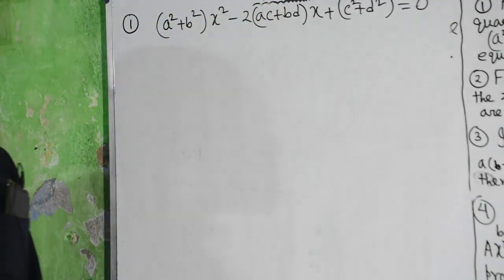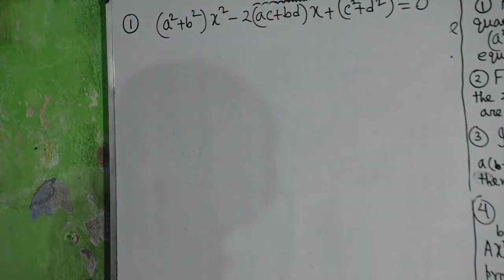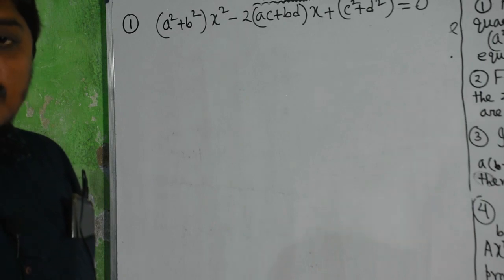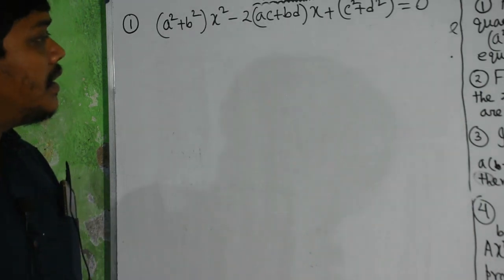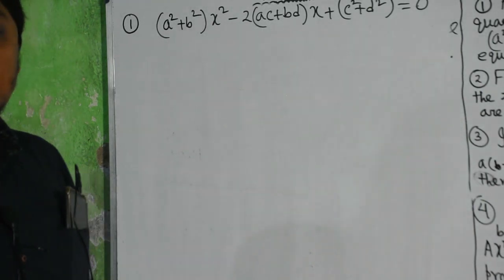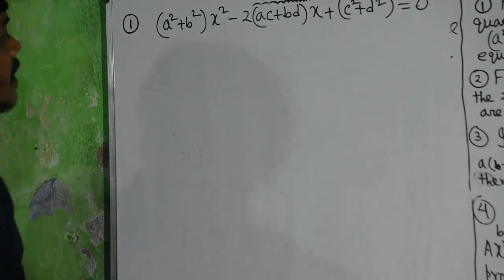So what is the condition when the roots are equal? Of course we already know, b square minus 4ac equals 0.